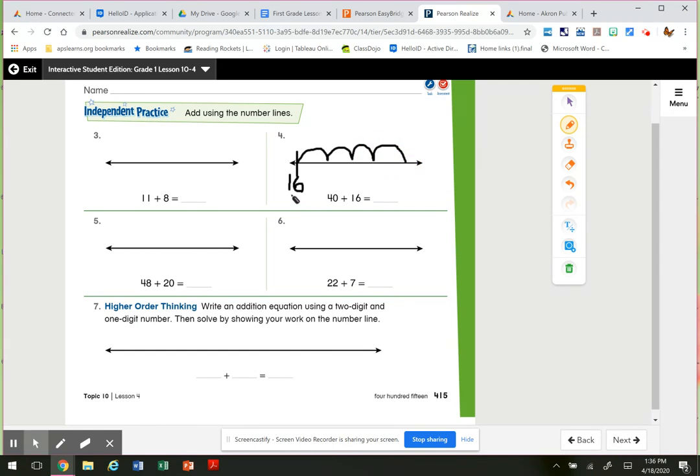10 more than 16 is 26. 10 more than 26 is 36. 10 more than 36 is 46. 10 more than 46 is 56.